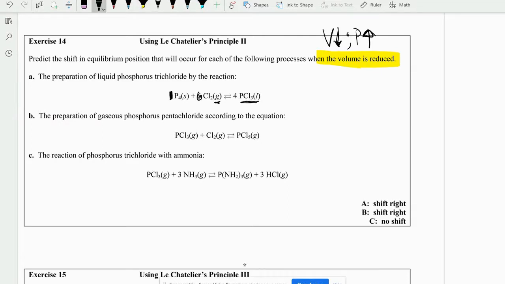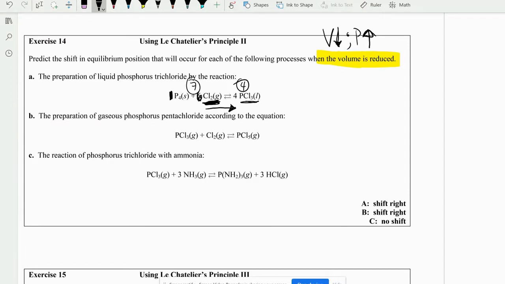How many moles of stuff do I have on the reactant side? 7. And over here, I only have 4 moles on the product side. If I reduce the volume, this is the thing I'm concerned about, because it's the only gas. If I reduce the volume, it's going to shift to the side with the fewest number of moles.